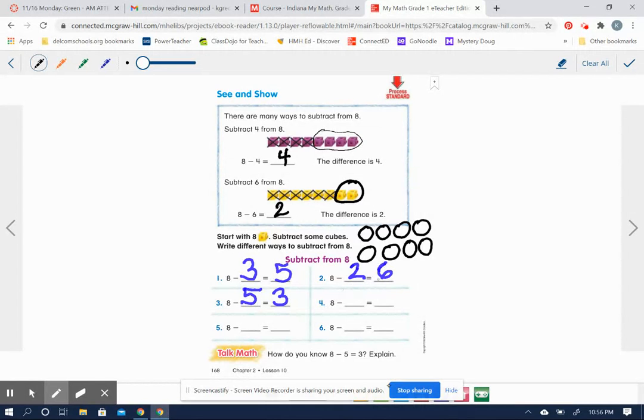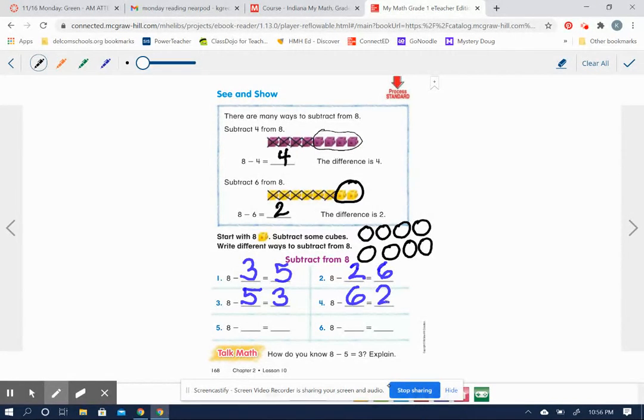What would be the related sentence that we would do here related to 8 minus 2 equals 6? If we have to use the same numbers, we already subtracted 2, this would have to be a 6, wouldn't it? If 8 minus 6 equals, if they're related, you got to use all the same numbers.